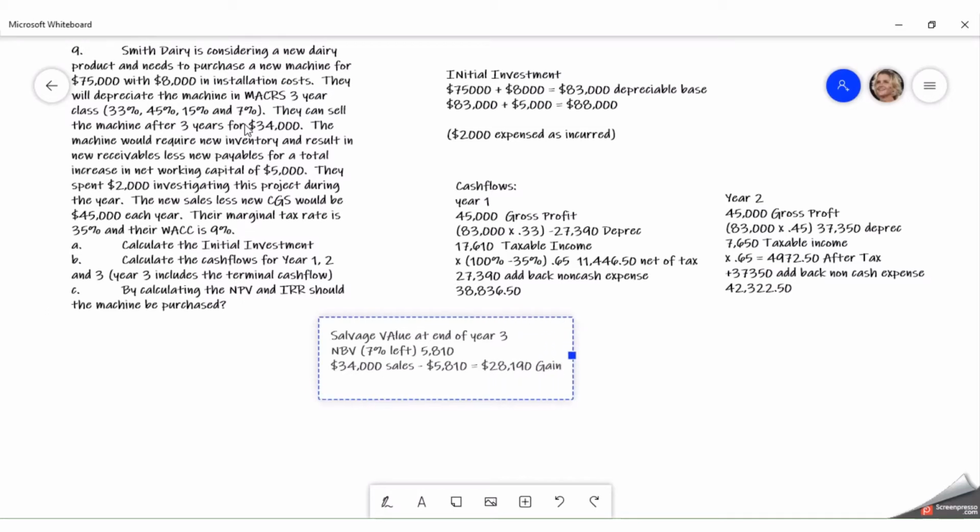Well, that gain is taxable. And it's going to be taxable at that 35% tax rate. So that is $9,866.50 as our tax liability.